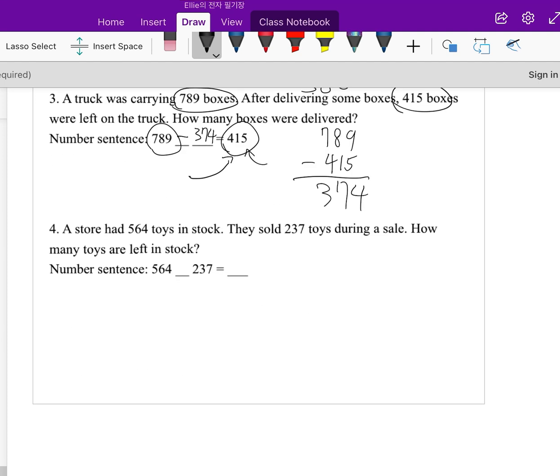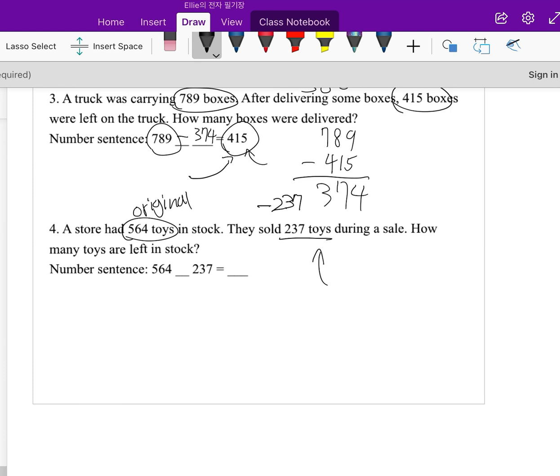And lastly, number 4, a store had 564 toys in stock. So that's the original number. They sold 237 toys during a sale. So negative, so minus 237 because it's gone now. They bought it already. How many toys are left in stock?